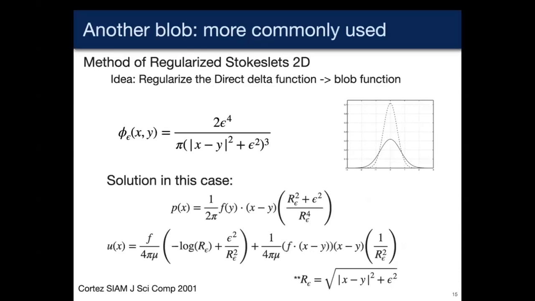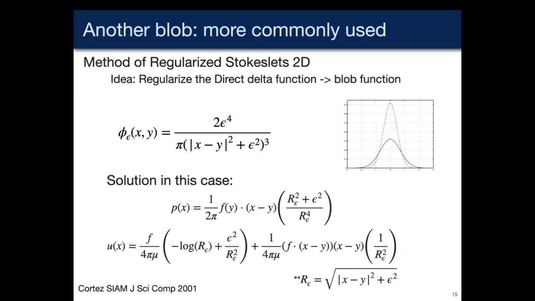This is the more commonly used blob. This is the one that over the years people tend to use more frequently for various reasons. One, it's simpler to write down, so it's a simpler equation, but two, I think it has nicer properties as well, maybe in terms of error. I'm looking at Dana and Sarah; they're going to talk about error in a little bit.